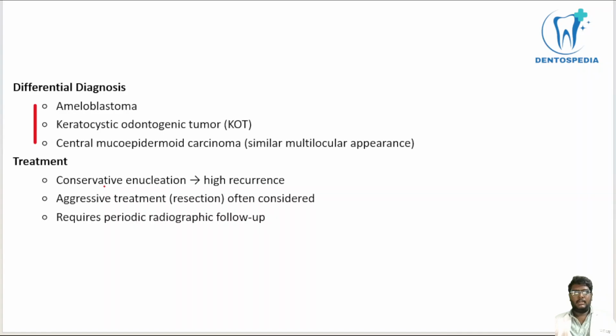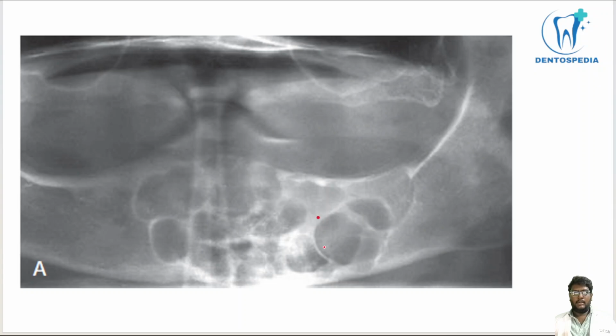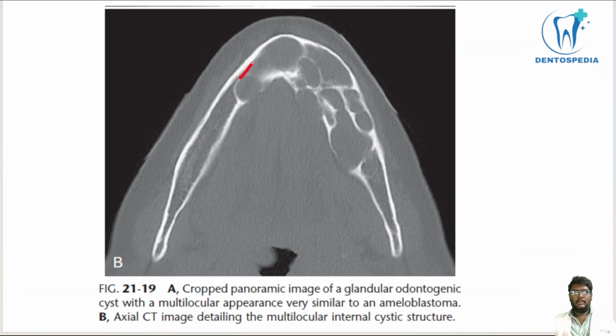Coming to the management, we go for conservative enucleation, and if there is a high recurrence rate, the patient has to visit multiple times to check for recurrences. Periodic radiograph follow-up should be done. Here you can see multilocular appearances, the GOC.